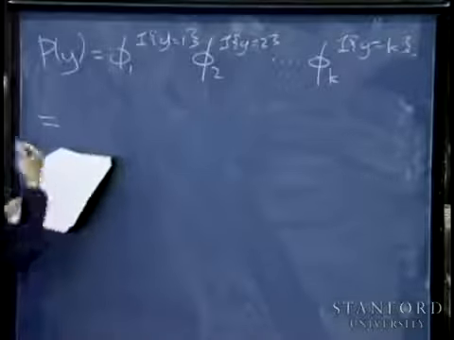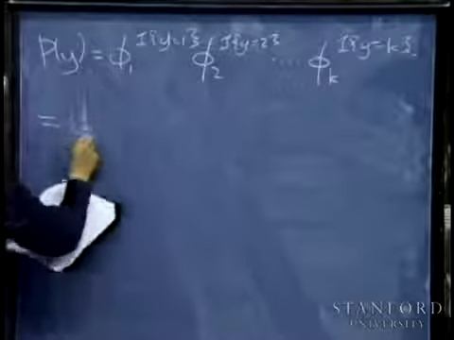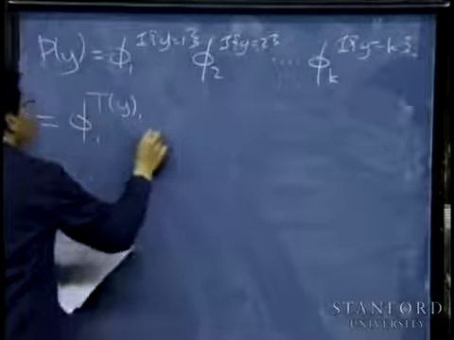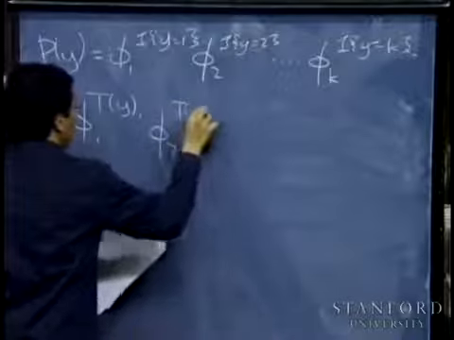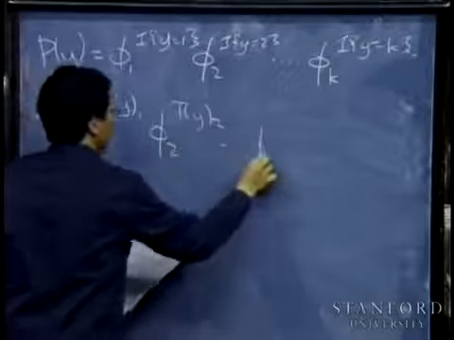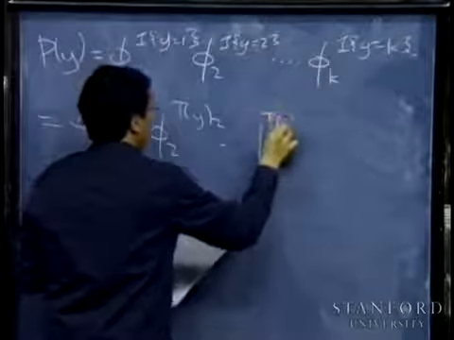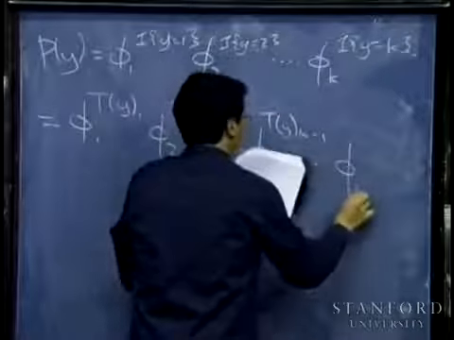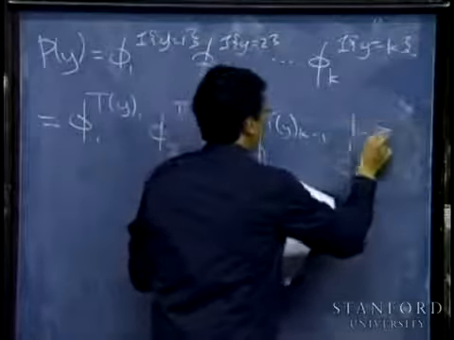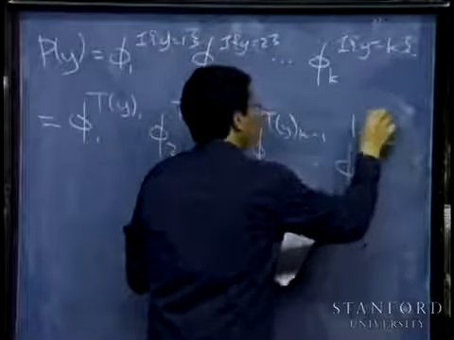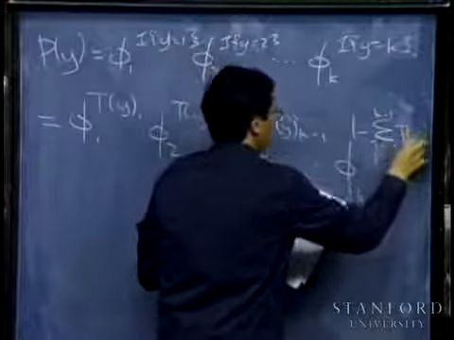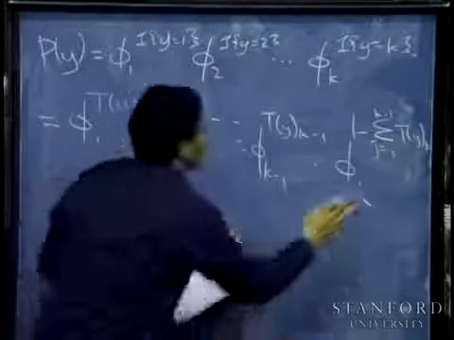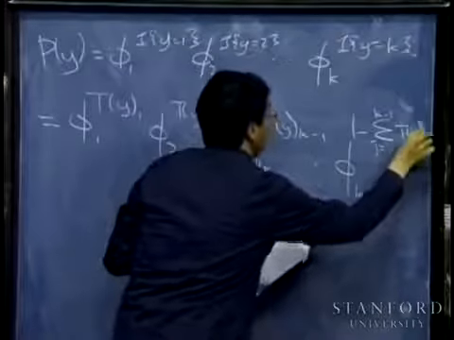Using the equation on the left as well, I can also write this as phi 1 to the ty1, phi 2 to the ty2, and so on up to phi k minus 1 to the ty k minus 1, times phi k to the 1 minus the sum over j.